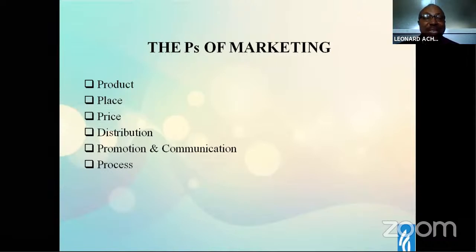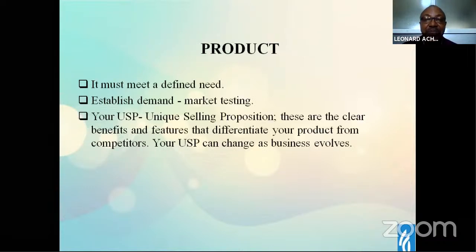This is educating the customers on your wares and creating an awareness, bringing to the knowledge of the customers your goods, your services. And then we have the last P here, the process. Process is the route, all that you have to go through to ensure that the goods and services get to the right customer, the right place, and the right fit.